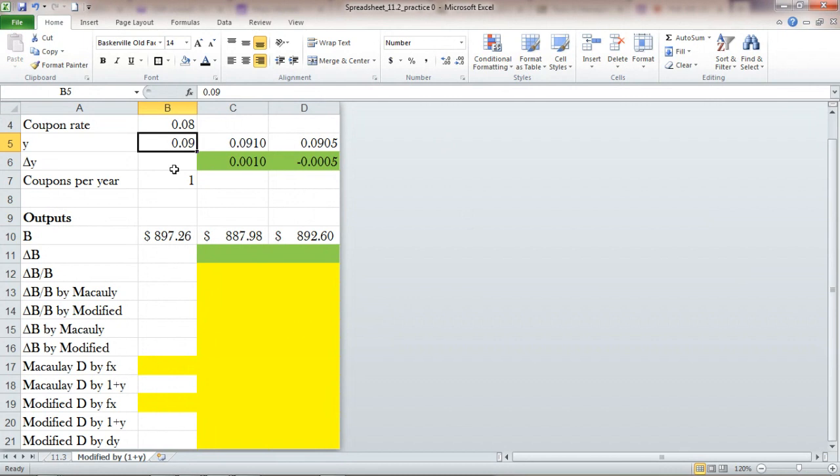So we can already tell what type of bond this will be. In other words, we can already tell whether it's going to be a discount bond or premium bond.